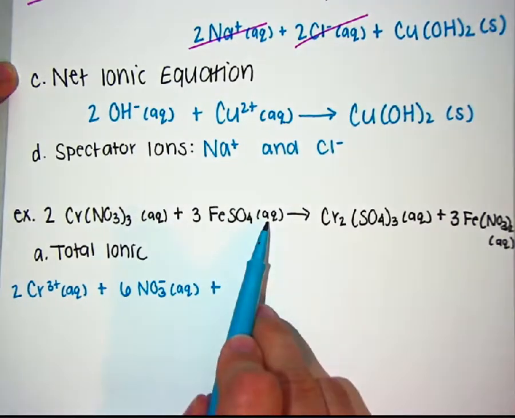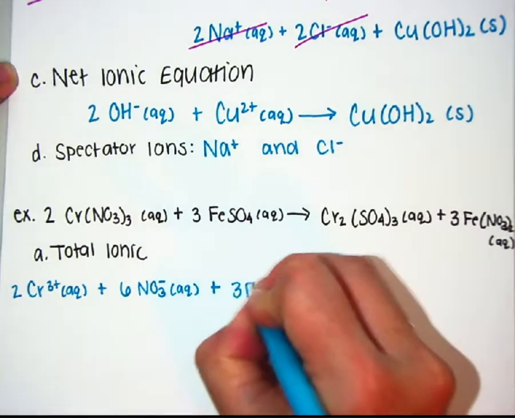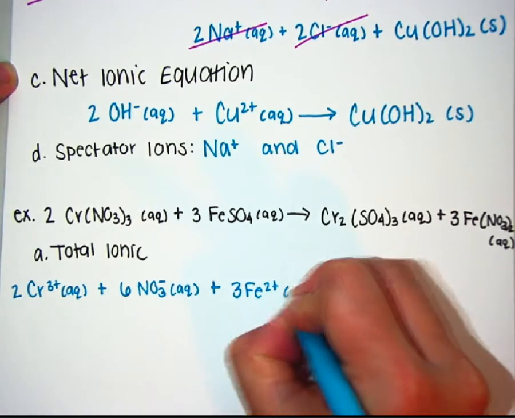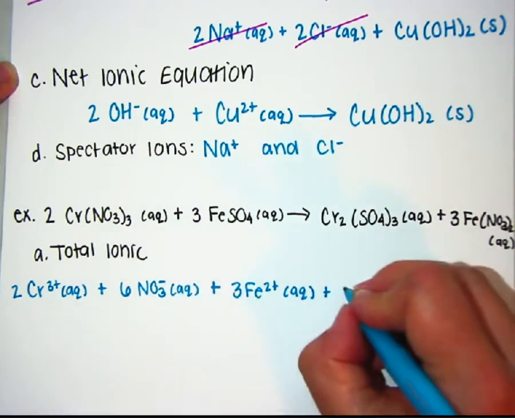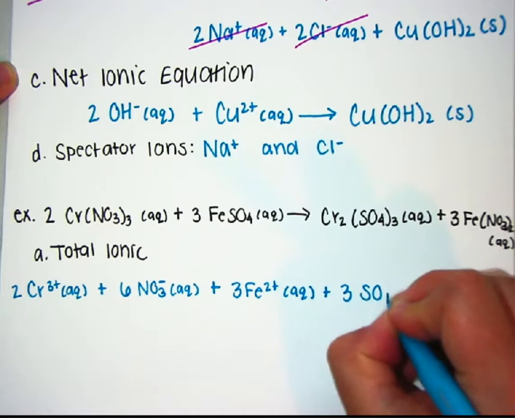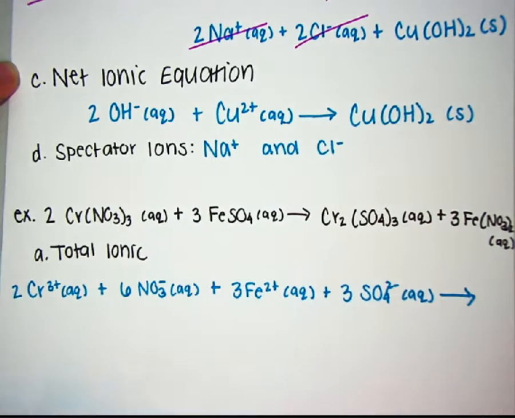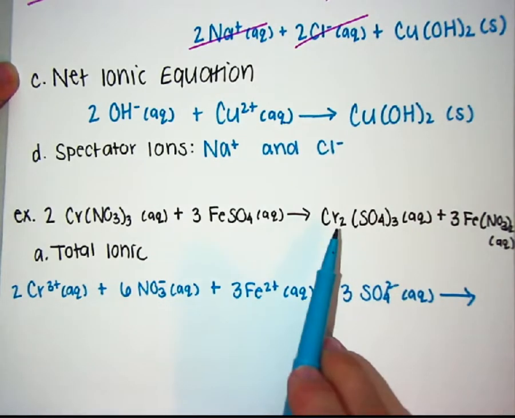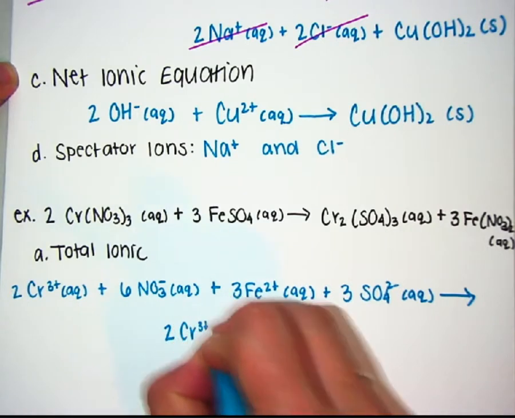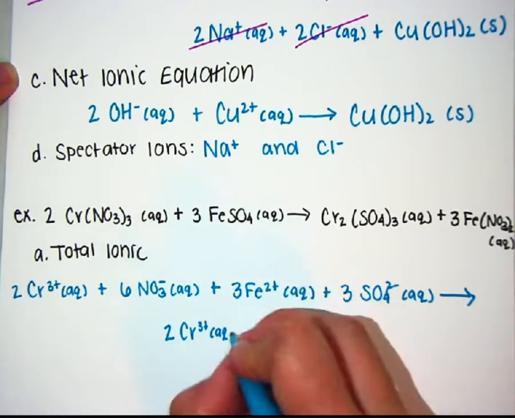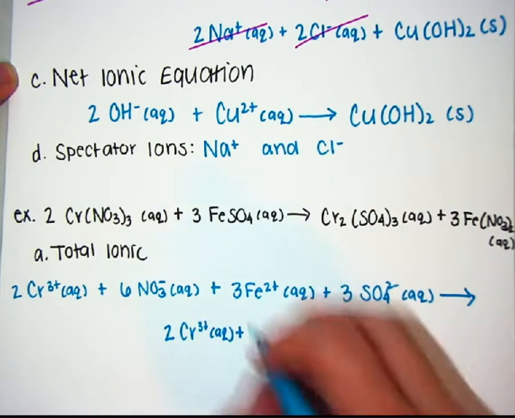Iron 2 sulfate is aqueous, so it dissociates. I would have 3 iron 2 plus ions, 3 sulfate ions. On the product side, 2 chromiums, 3 sulfates.